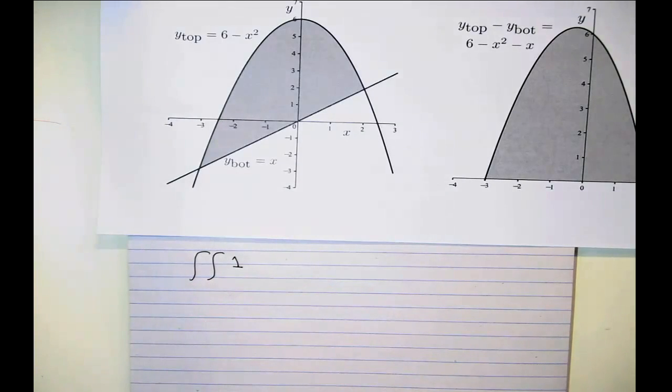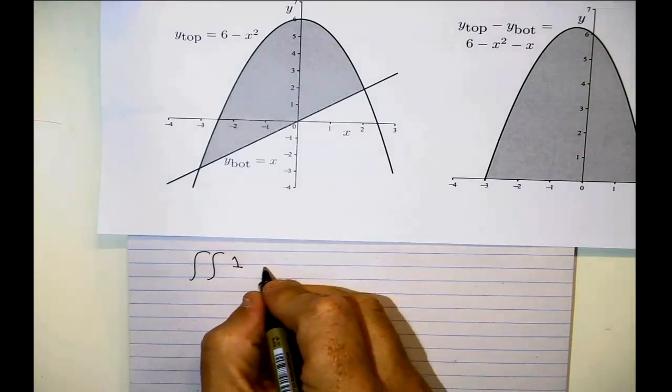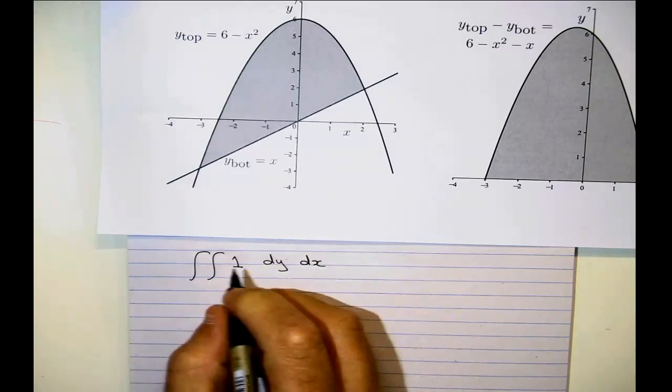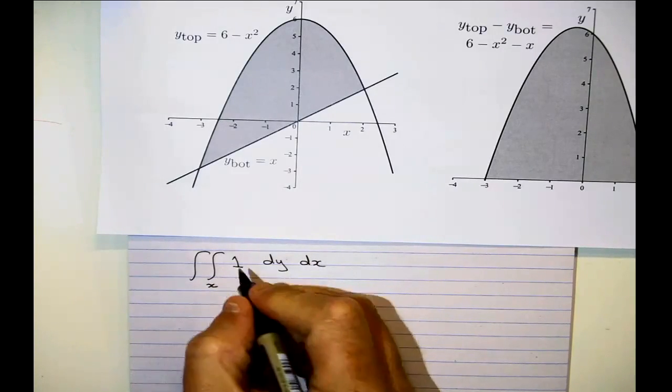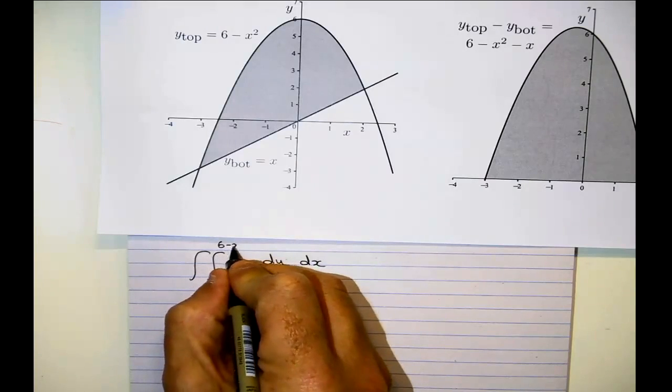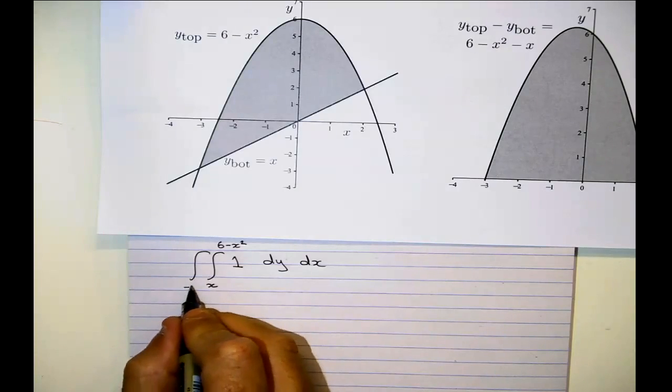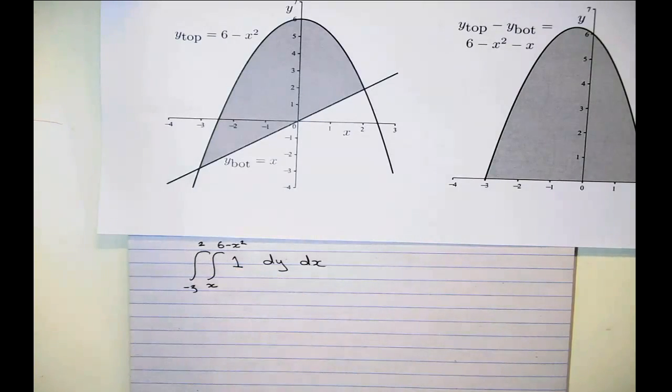I've got to do a double integral of 1. And what I'd imagine is that I'm going to integrate first with respect to y, then x, and y goes from the bottom bit to the top bit. And then x goes... That's the same thing.